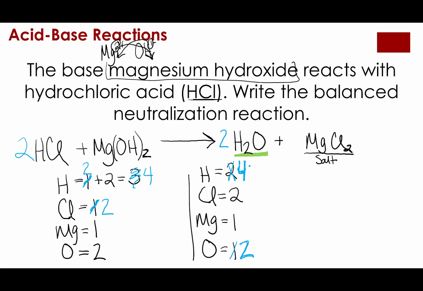So now let's just go back and double check that everything looks good. So hydrogen is 4 and 4. Chlorine is 2 and 2. 1 and 1. 2 and 2. So this is my balanced chemical equation for the reaction between magnesium hydroxide and hydrochloric acid. I hope you guys found this helpful.